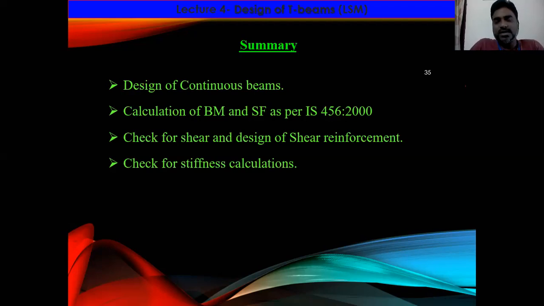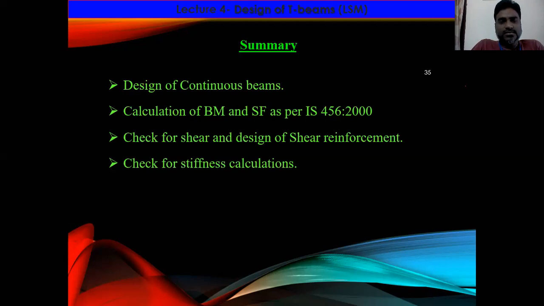Then we determined the dimensions of the member. Then we calculated the effective span for end span as well as interior span, and based upon that, we calculated the loads. And then we determined the bending moment coefficients. Before that, first we calculated the maximum bending moment, that is at the support next to the end support, the negative bending moment.